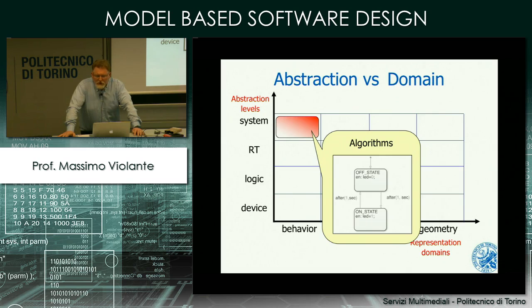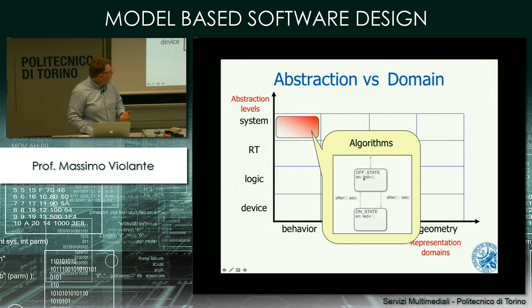There are transitions between states that happen according to a certain logic, and then there are actions that are taken when entering each state. As an example, we have the off state and the on state. These are two ways for representing two conditions in which our system can be.